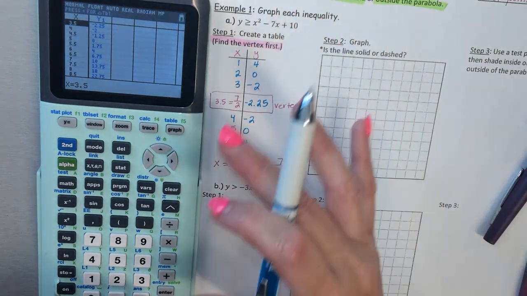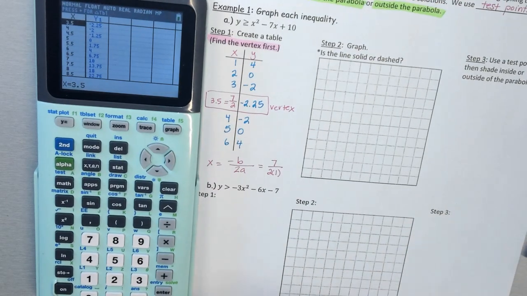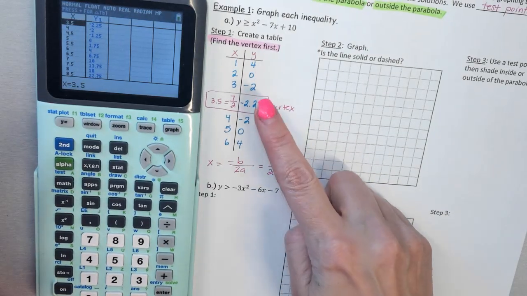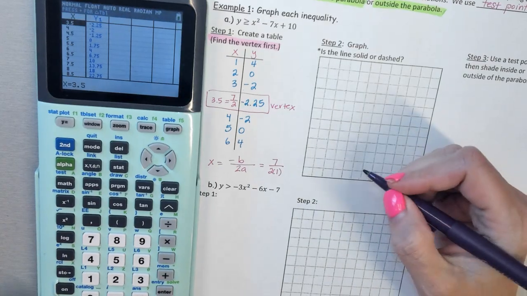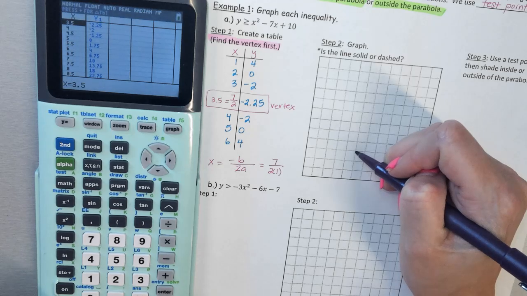And then based on this information, you are going to create your own graph here. Okay, so I have to make sure I go up to 4, but I also want to go down to negative 2.25, which is the lowest value. So when I'm creating my grid, I might say, okay, I have to go at least 1, 2, 3.